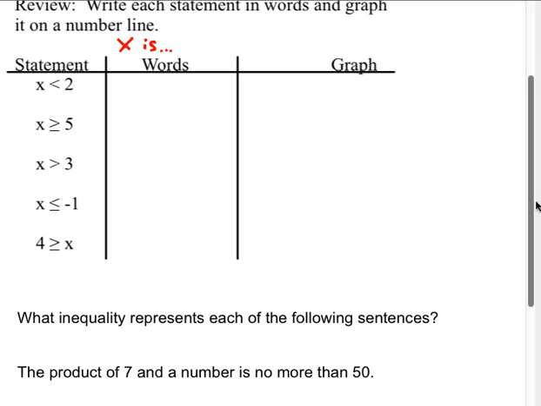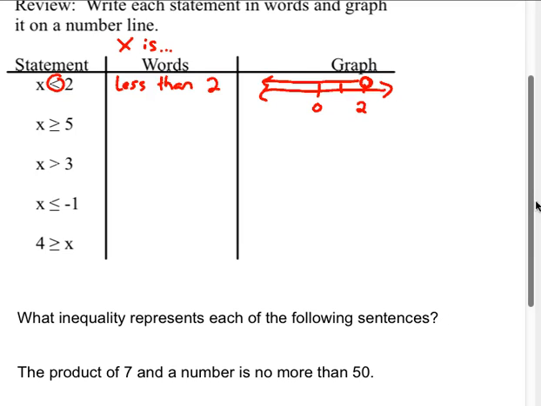So in this case, our symbol, X is less than 2, right? And when it's strictly less than a value, we use an open circle to show that, right? And then less than will obviously point going towards smaller numbers.